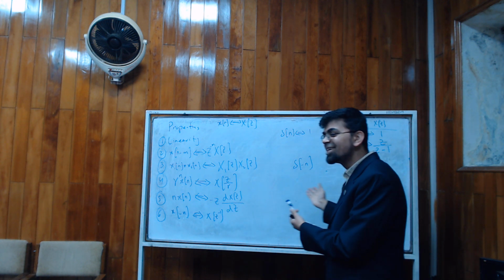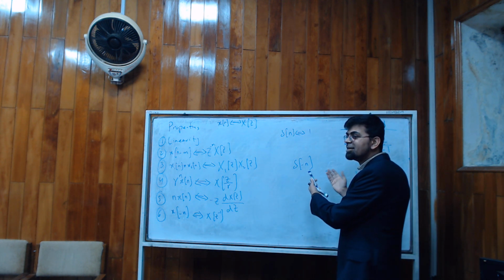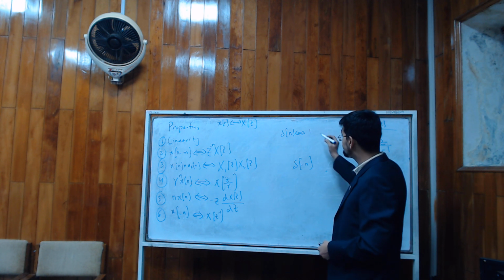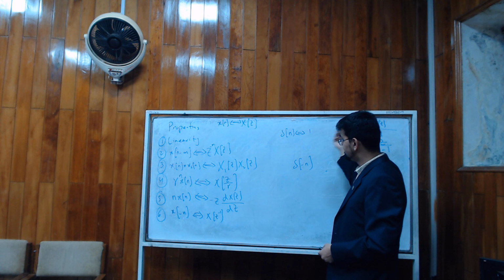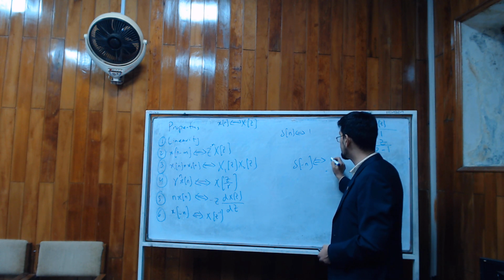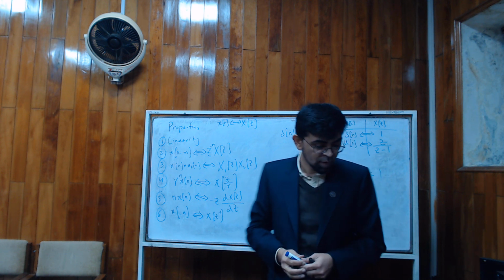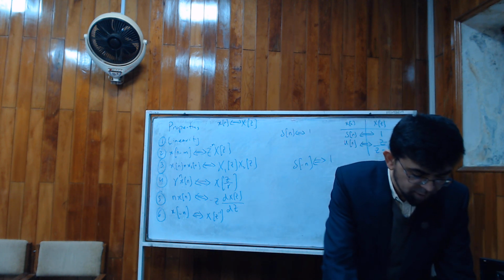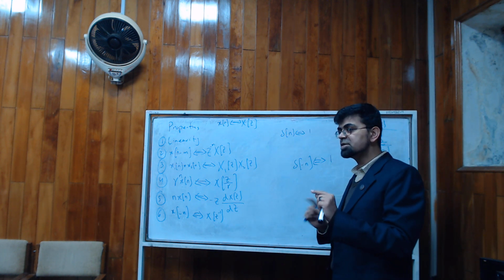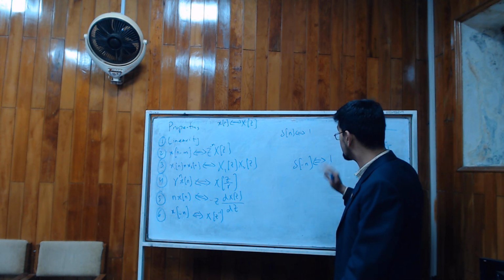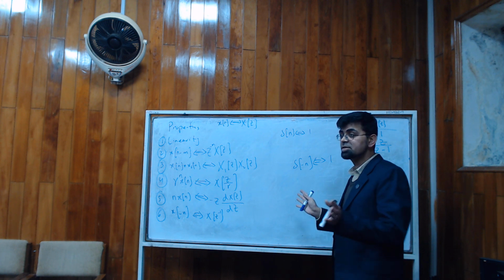There is no z. So basically, delta of minus n is also 1. I'm not sure, I'll have to see if the region of convergence would change because of that. That may happen, but otherwise the formulation is the same.